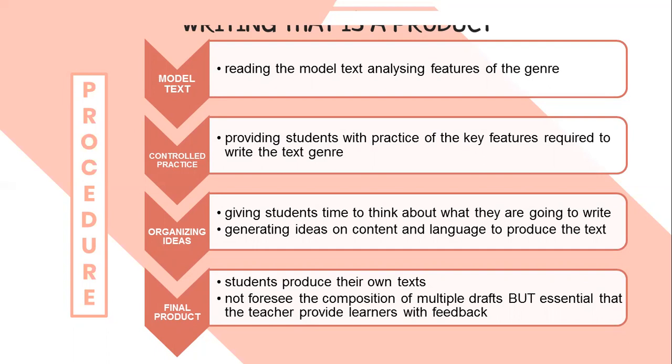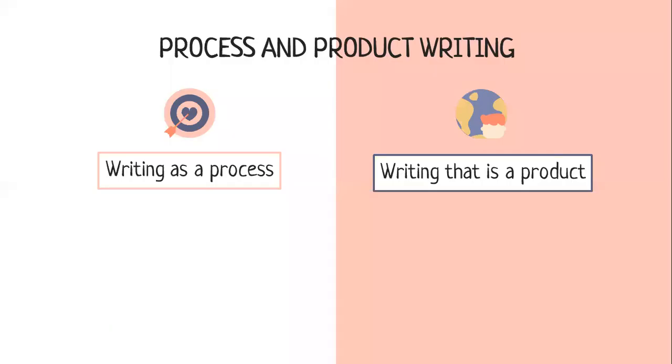Finally, students produce their own text. Product writing does not foresee the composition of multiple drafts, but it is still essential that the teacher provide learners with feedback on their production. So, what are the differences between the process and product writing?